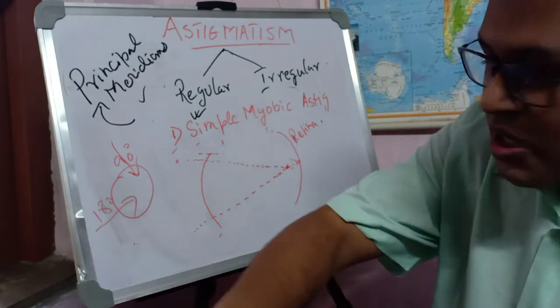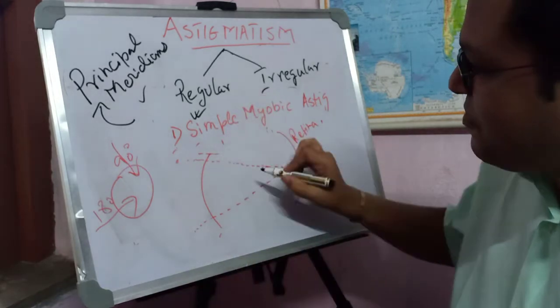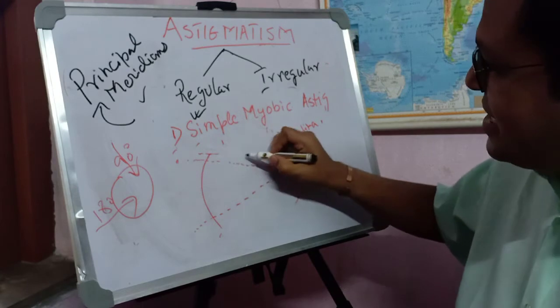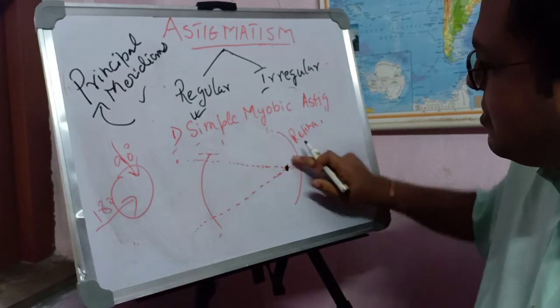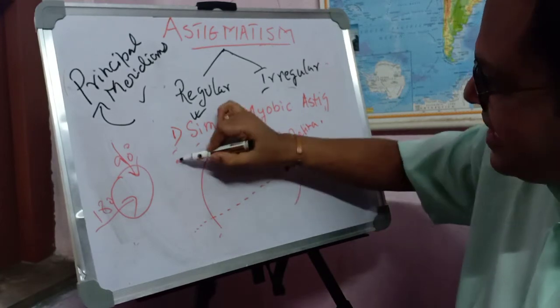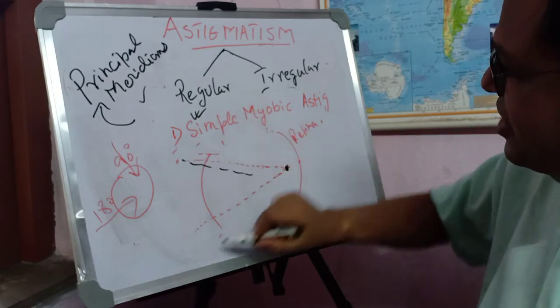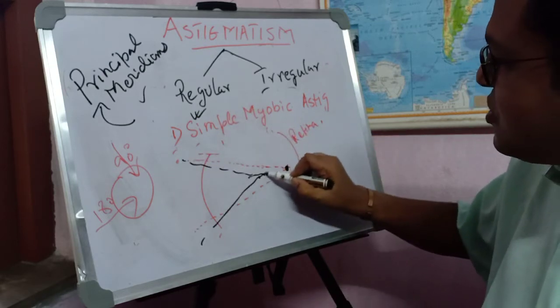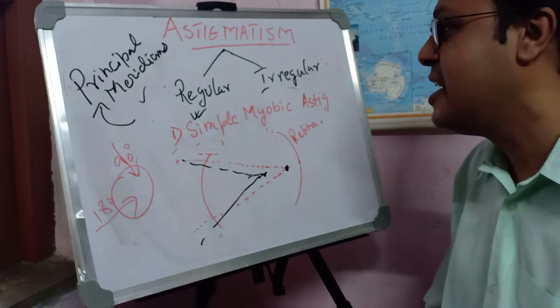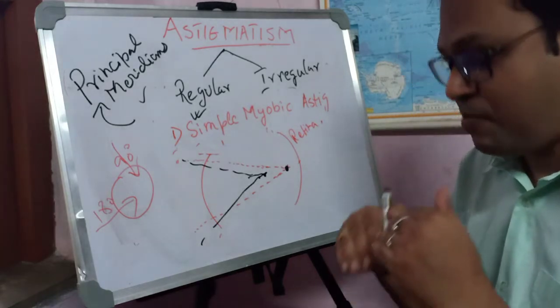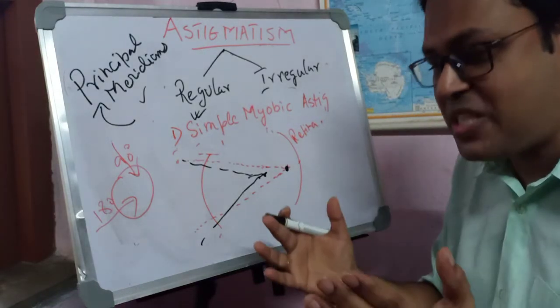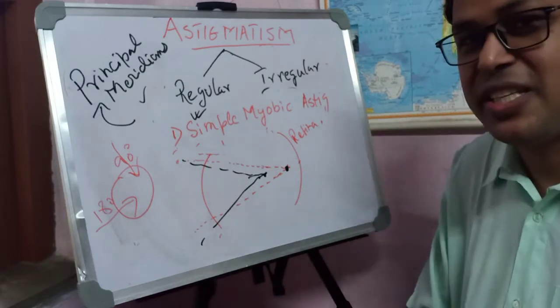So for example, here the rays of light coming from 90-degree are falling over here, and the rays of light traveling through 180-degree may be falling over here, right? So that's basically compound myopic astigmatism. Rays of light from both principal meridians are not reaching the retina.